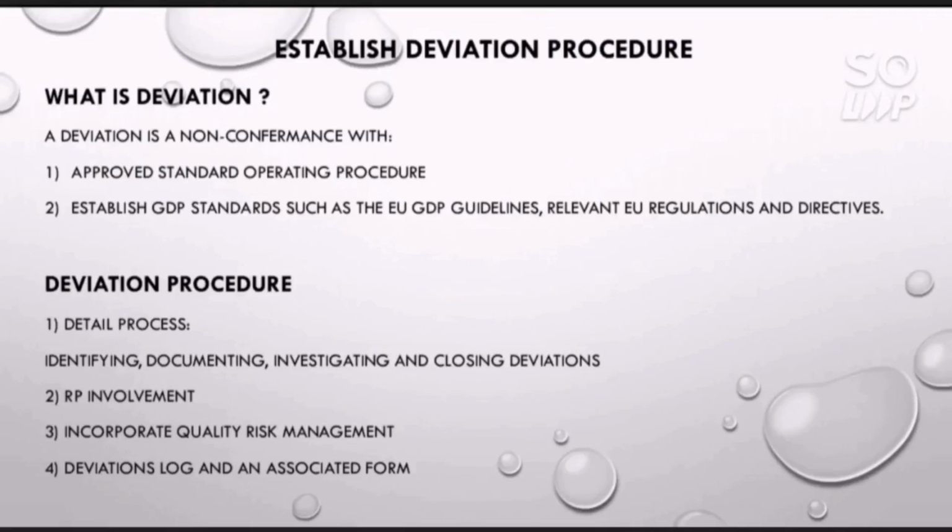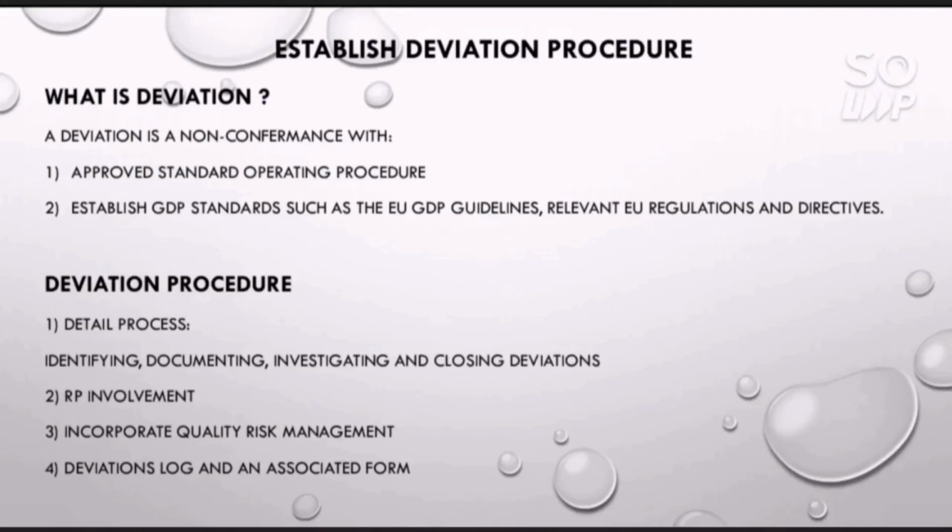Establish deviation procedure. A deviation is a non-conformance with approved standard operating procedure and established GDP standards such as the EU GDP guidelines, relevant EU regulations and directives.